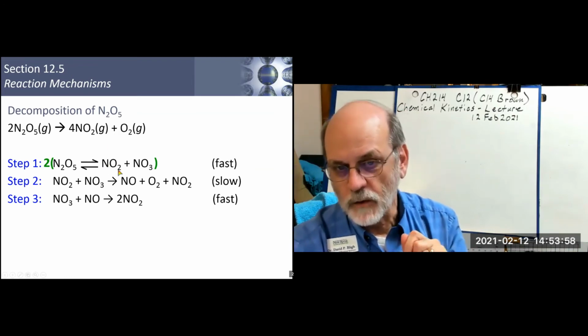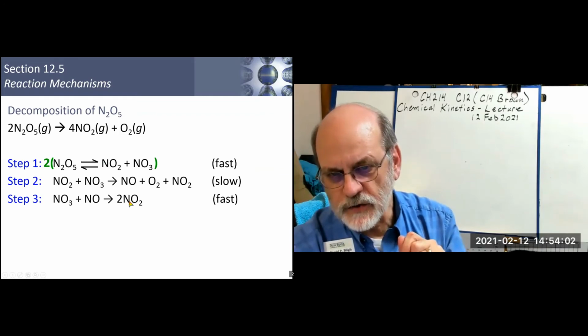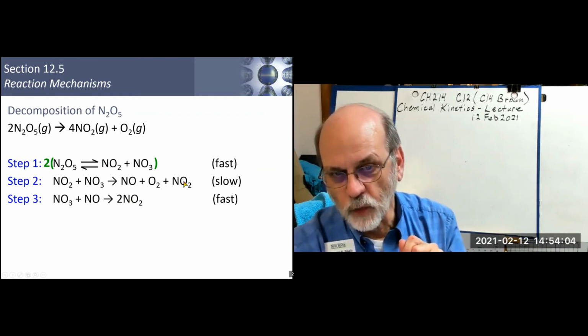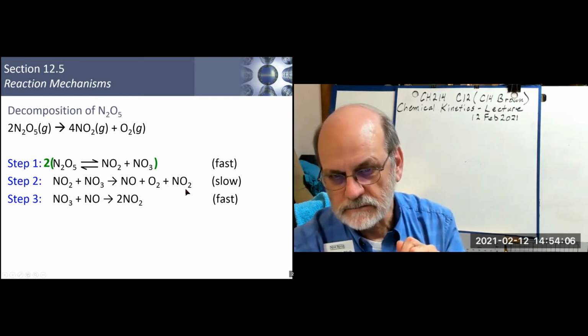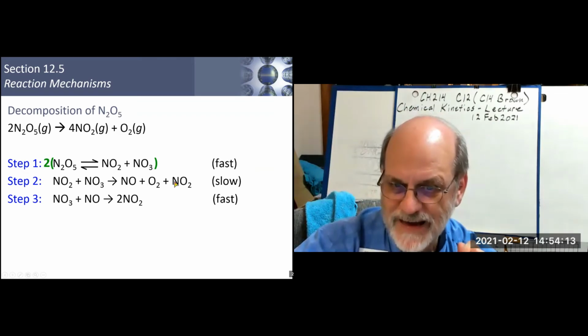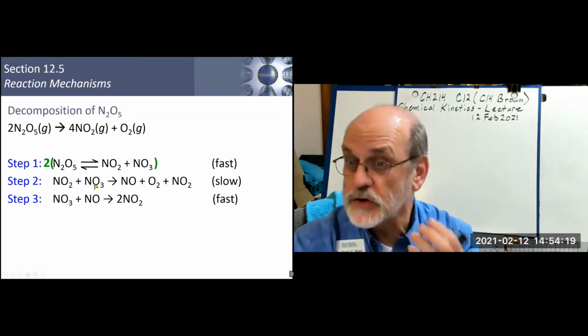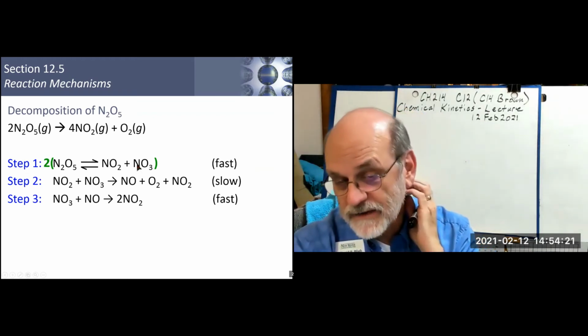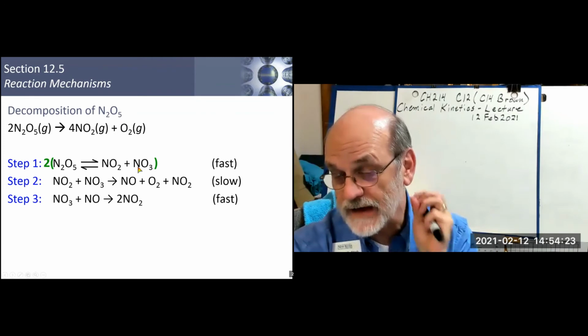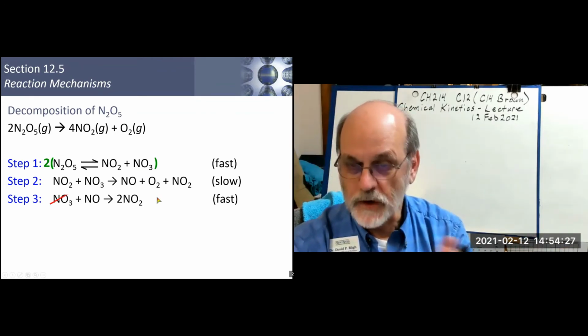Right? So we got 2 NO2s here and 2 NO2s there and 1 NO2 here. So this NO2 cancels that NO2. This NO3 combines with this NO3 to make 2, but you got 2 NO3s on this side now, so they cancel, right? So those are gone.